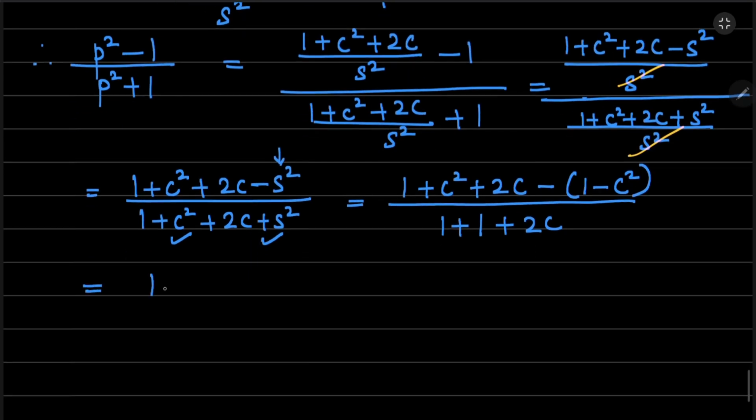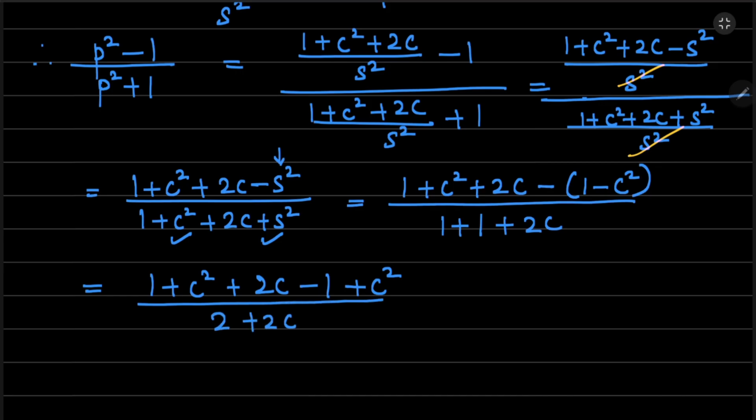Open the bracket in the numerator: 1 plus cos square plus 2 cos theta minus 1, minus into minus is plus cos square, whole divided by 2 plus 2 cos. This 1 and minus 1 will get cancelled. What will remain is 2 cos square theta plus 2 cos theta, whole divided by 2 plus 2 cos theta.